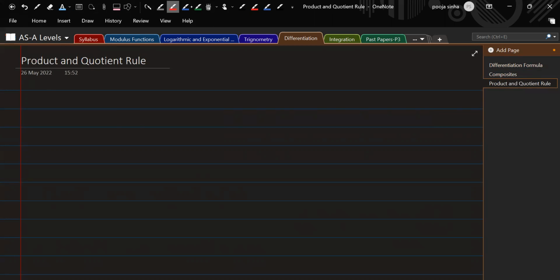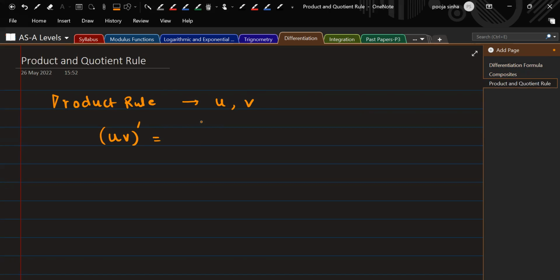सबसे पहले प्रोडक्ट रूल. प्रोडक्ट रूल में क्या होता है? We have, प्रोडक्ट बोल रहे हो तो इसका मतलब दो फंक्शंस होंगे. एक को हम बोलेंगे u और दूसरे को बोलेंगे v. इन दोनों के मल्टीप्लिकेशन को डिफरेंशिएट करना है. इसमें हम क्या करते हैं?